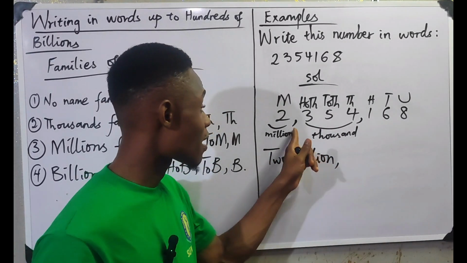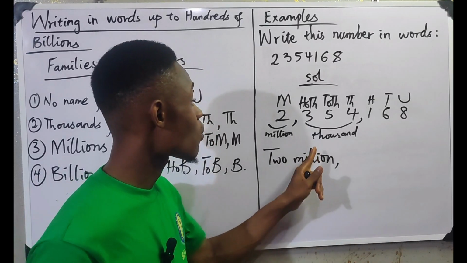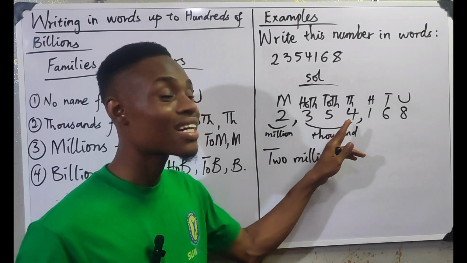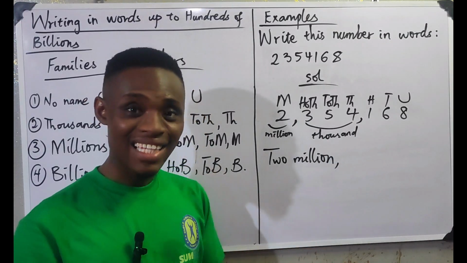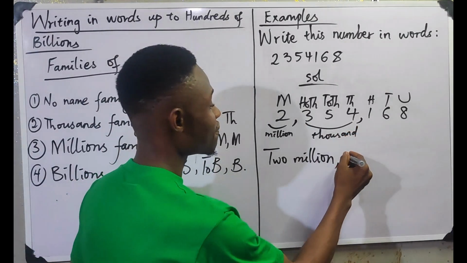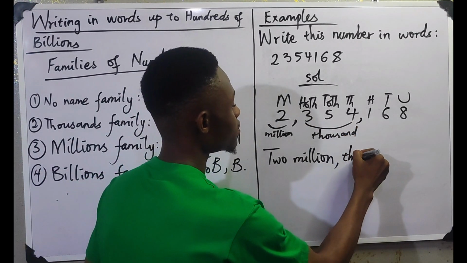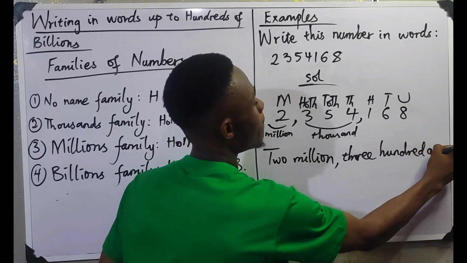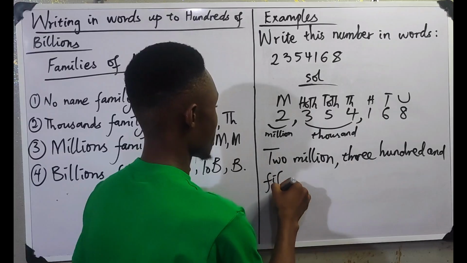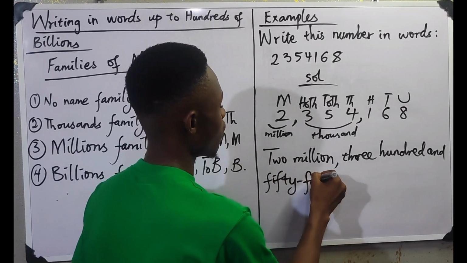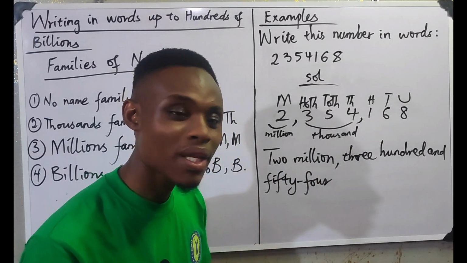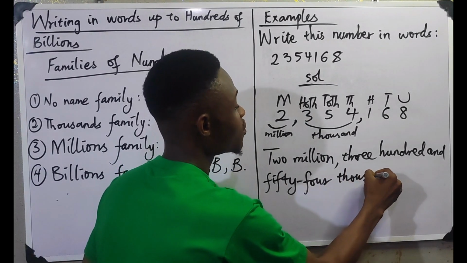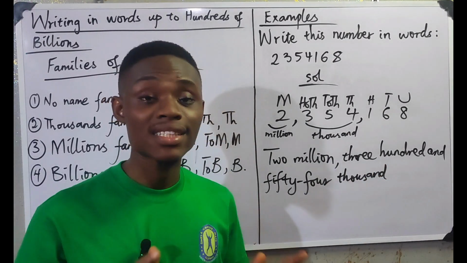I'll place my comma right here. Now, what do I see under this thousand family? That is 354. So I'll write exactly what I'm seeing there. 354. Don't forget to place the family name there: thousand. Once you forget the family name, you will get it wrong.